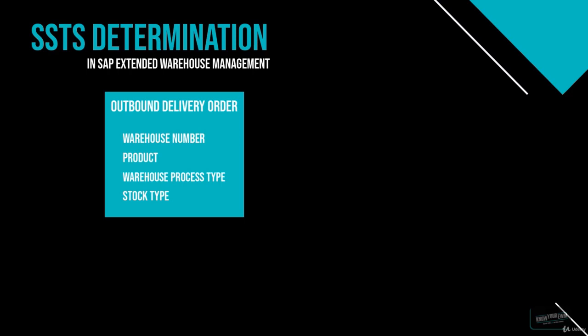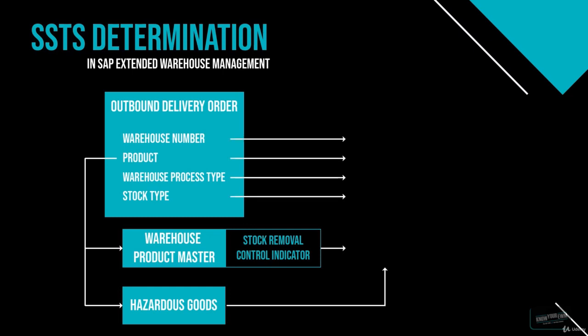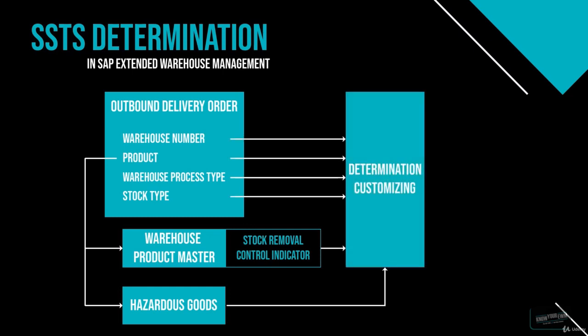And when it comes to the actual product the customer ordered, we got two additional attributes. The stock removal control indicator, we just showed you a few seconds ago, and whether the product is some hazardous goods, for example. And all these attributes we now see on the left side of the screen are taken into consideration when the EWM system checks the customizing settings we made for determining a proper storage type search sequence.